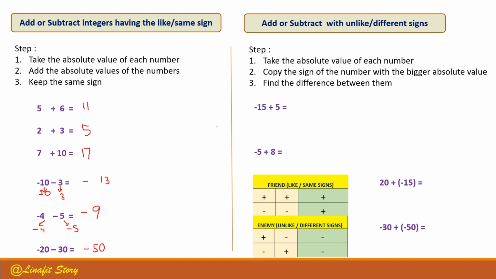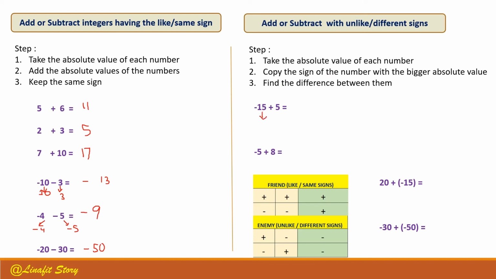Then how to add or subtract with unlike or different signs? Here's the step. First, take the absolute value of each number. Then copy the sign of the number with the bigger absolute value. And the last, find the difference between them. So for example, negative 15 plus 5.